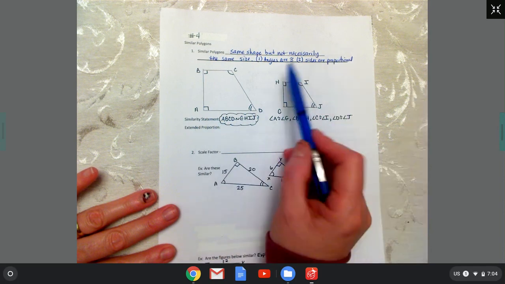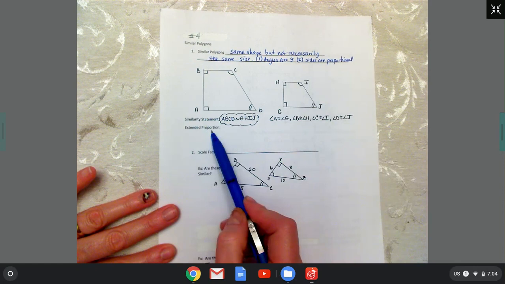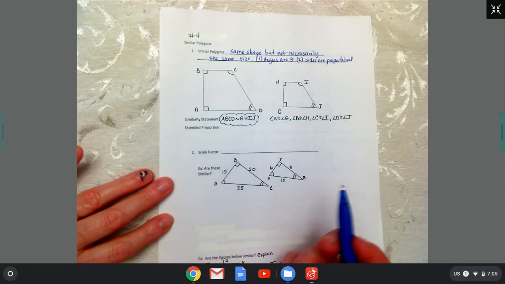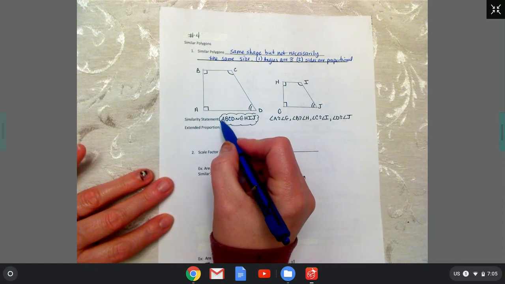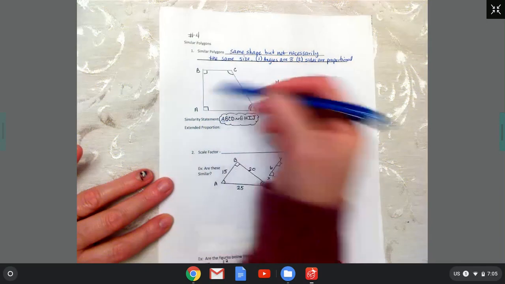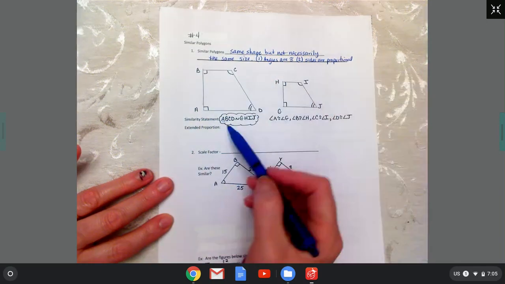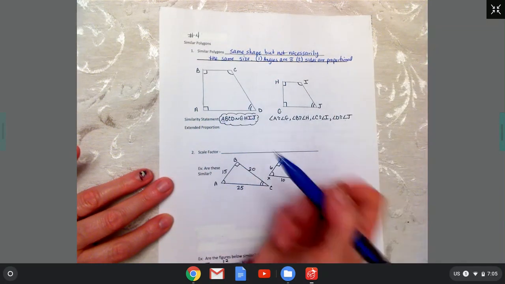And because the sides are proportional, we write an extended proportion. As we do this, we put the sides together. So AB is this side. It goes with GH. So the first two here go with the first two there.